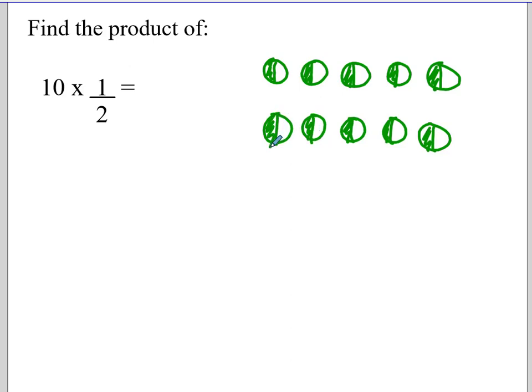Okay, so now if we group two together, those two together make 1, those two together make 1, those two together make 1, and so on. Now if we count up all of those, we end up with an answer of 5. Okay, so now in this problem, if we put a placeholder of a 1 there, you might start to see a few shortcuts again. We'll get to that pattern in a minute. So keep looking, it's there.